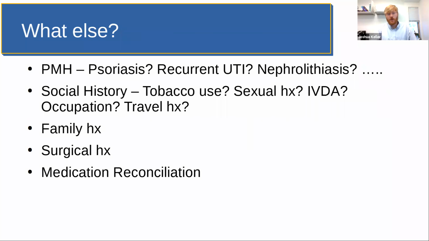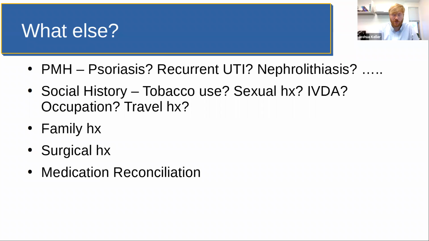Okay. So what else? In terms of approach to the patient, I usually go over past medical history. Do they have psoriasis listed? Do they even remember that they had a little patch of psoriasis 15 years ago? So just going through their past medical history on the chart review and with them, to review potential clues. A lot of these we already talked about. Social history, so tobacco use.